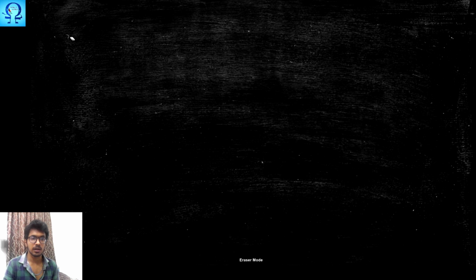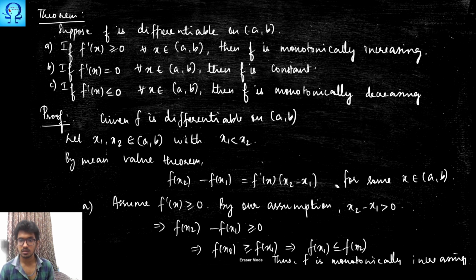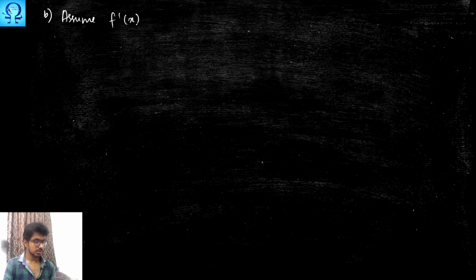The second part. Let us take the mean value theorem statement to be equation 1. Here we have to assume f prime of x is 0.